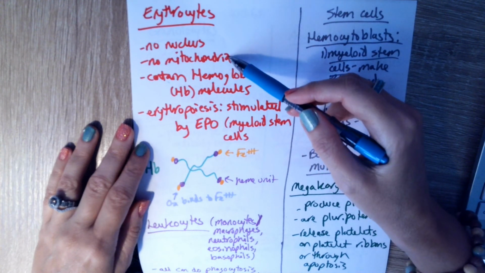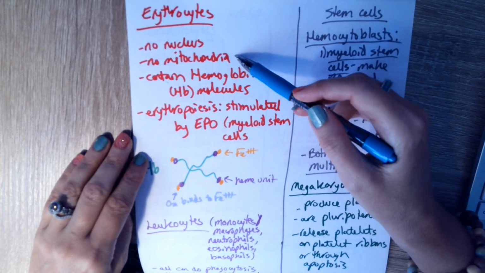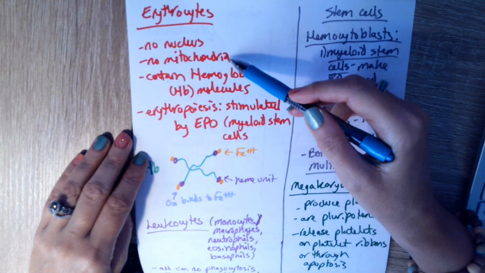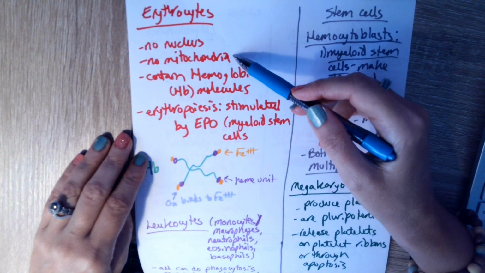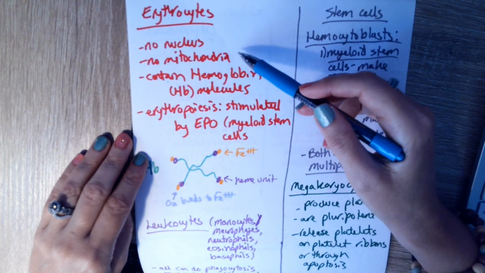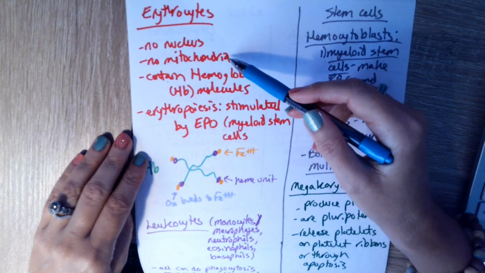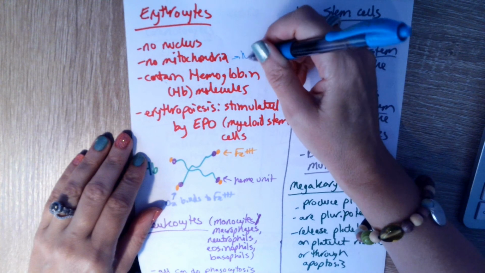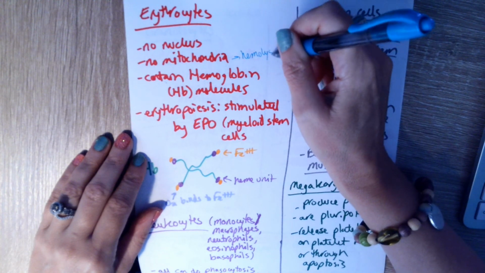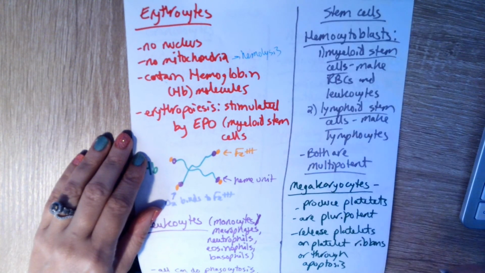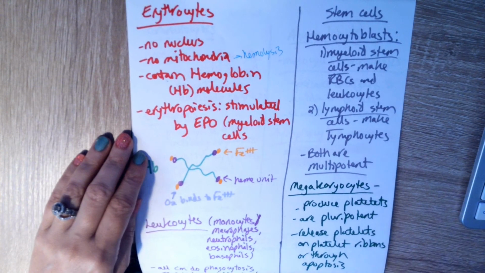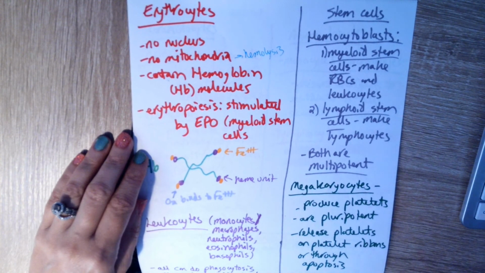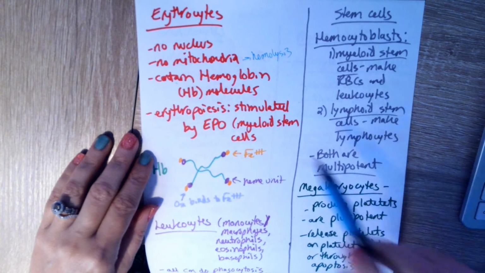Because they don't have mitochondria, they're not super good at making energy either. So they can do glycolysis, but they can't do the Krebs cycle. So they're not going to last a long time because of this. They're going to live about 3 months maybe, and then they go through what's called hemolysis. That's where they just die and rupture, and their component parts are broken down and recycled into new red blood cells.